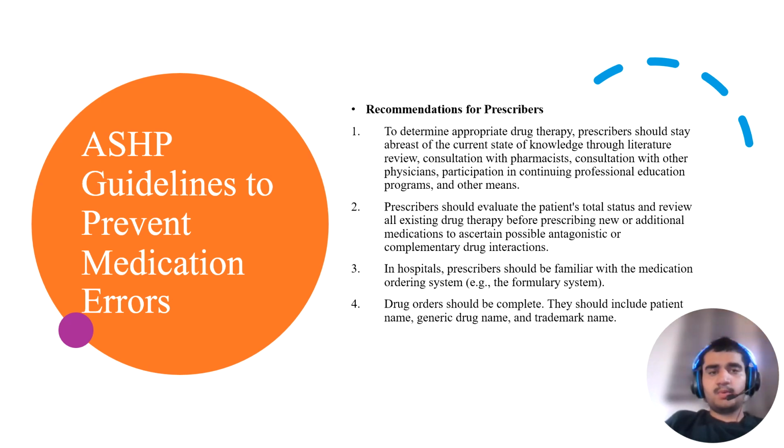Now moving on to the recommendations for prescribers. To determine appropriate drug therapy, prescribers should stay abreast of the current state of knowledge through literature review, consultation with pharmacists, consultation with other physicians, participation in continuing professional education programs and other means.